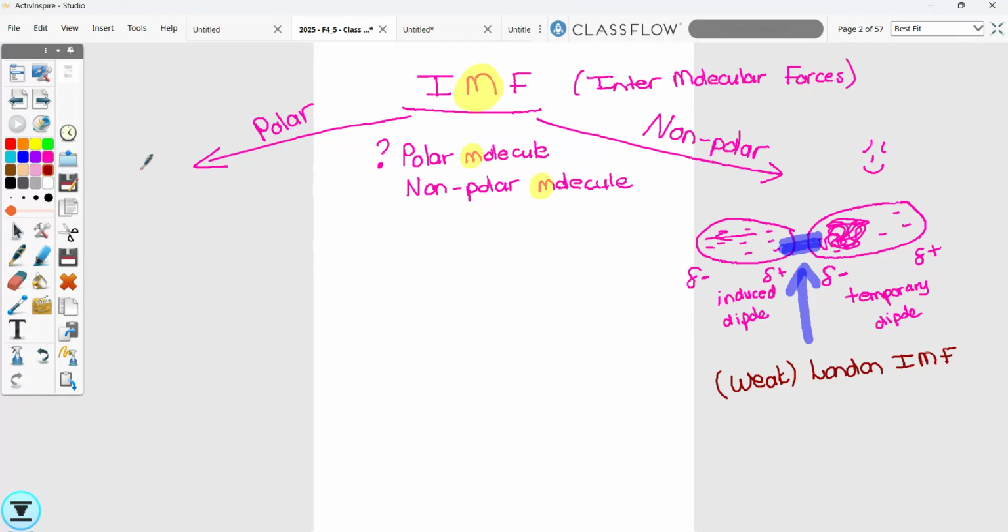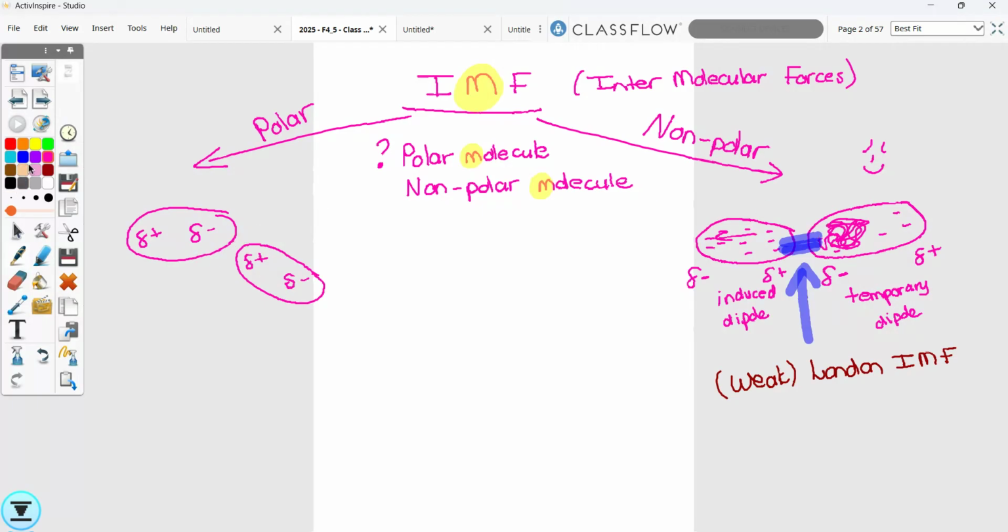And then if it's a polar molecule, you've got two choices. All of these molecules have a permanent delta positive and a permanent delta negative. So it's going to attract the delta positive of the next molecule permanently. Okay, so you can already see that it's stronger than London.